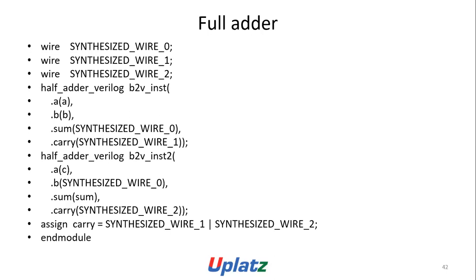Wire synthesis_wire_0, wire synthesis_wire_1, wire synthesis_wire_2. Half adder Verilog b2v_inst: .A(A), .B(B), .sum(synthesis_wire_1[0]), .carry(synthesis_wire_1). Half adder Verilog b2v_inst2: .A(C), .B(synthesis_wire_0), .sum, .carry(synthesis_wire_2). Assign carry equal to synthesis_wire_1 or synthesis_wire_2. End module.